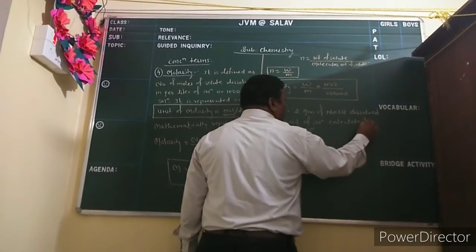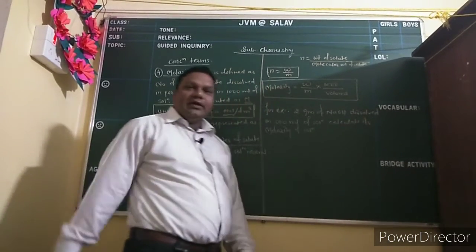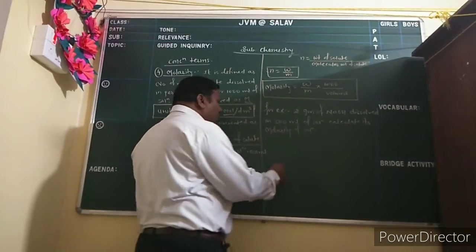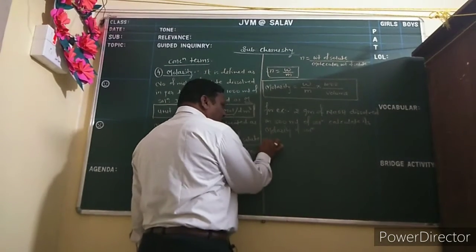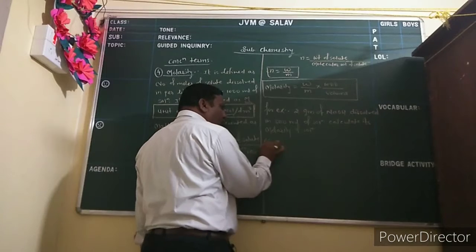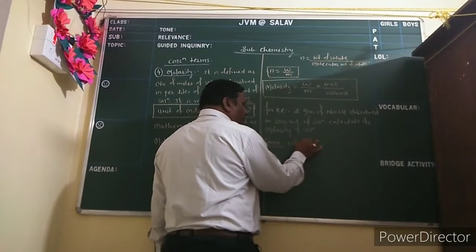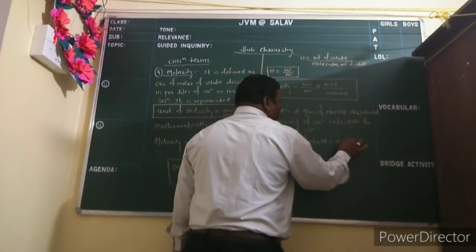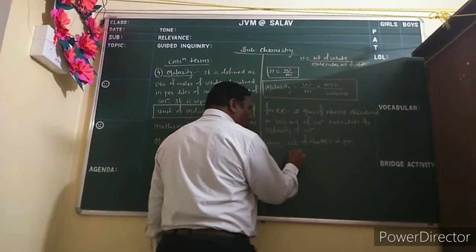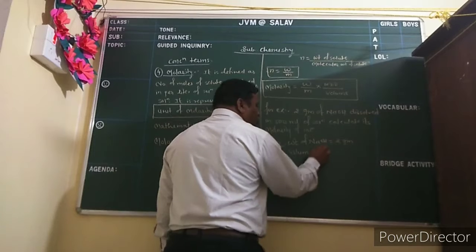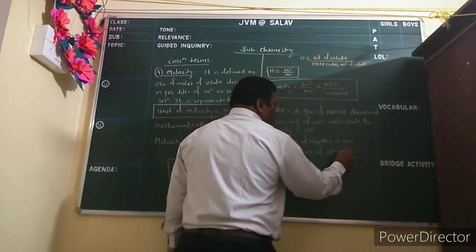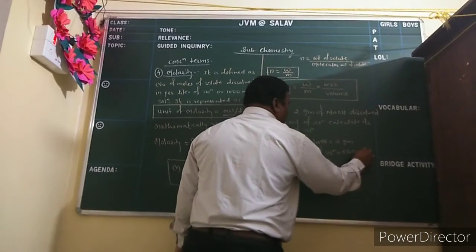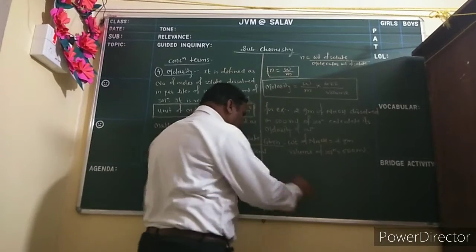Is it clear? Calculate the molarity of the solution. So here the given quantities are: weight of NaOH is 2 grams, volume of solution is 500 ml. This is the given quantity.